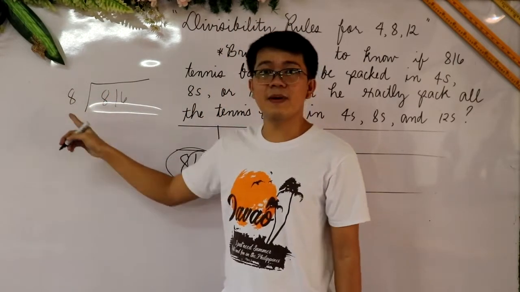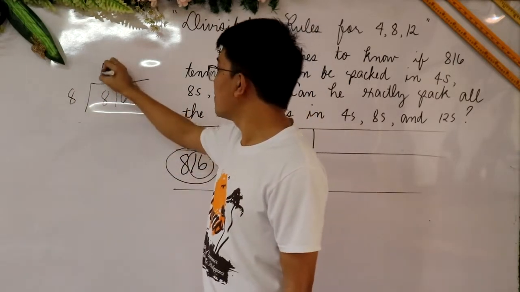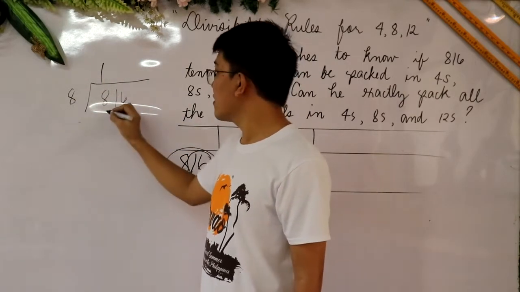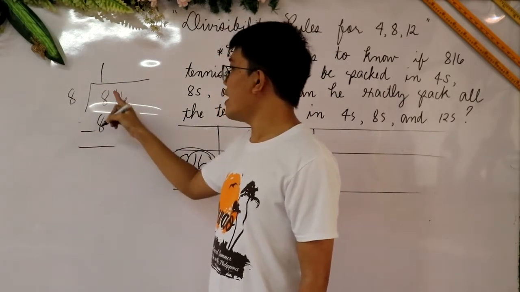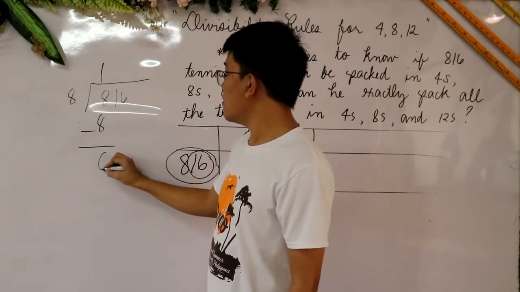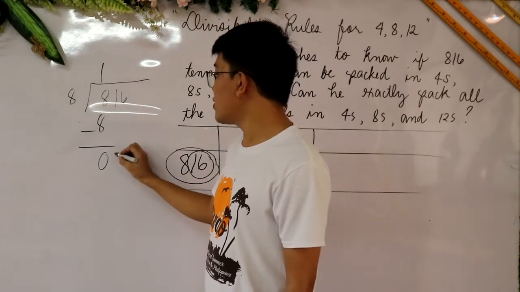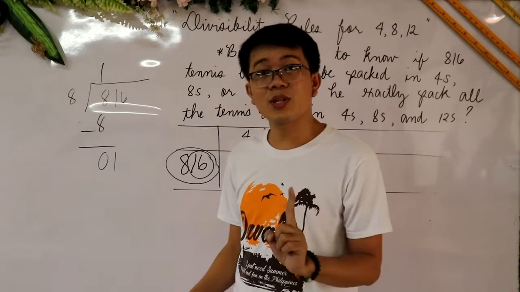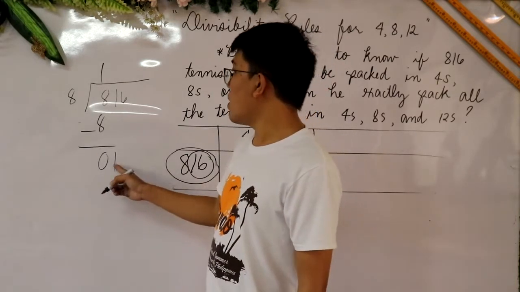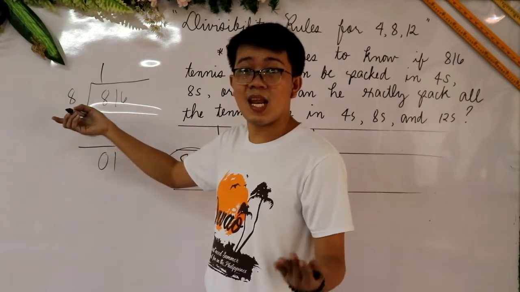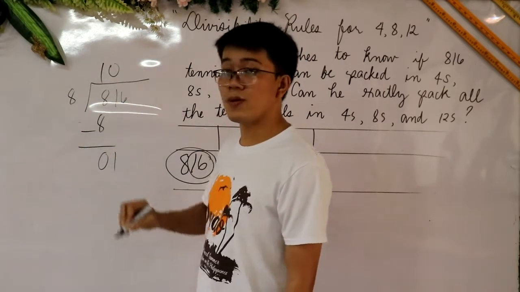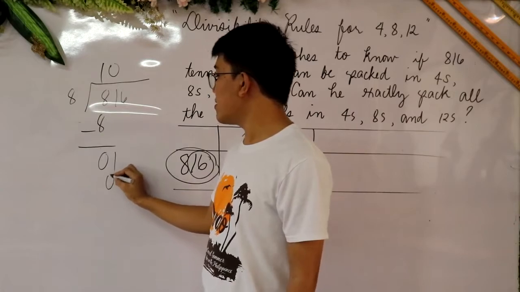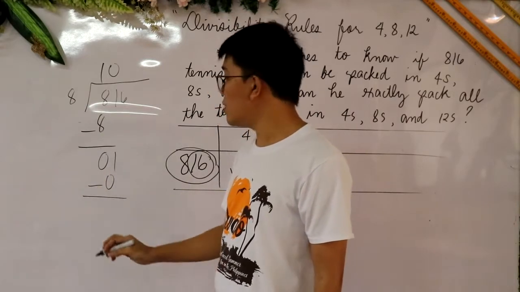What is 8 divided by 8? 1. What is 1 times 8? 8. What is 8 minus 8? 0. Bring down 1 digit. Remember, you have to bring down 1 digit at a time. That's the rule in division, right? So what is 1 divided by 8? It cannot be, or 0. So we write 0. 0 times 8, that's 0 again. 1 minus 0, 1.